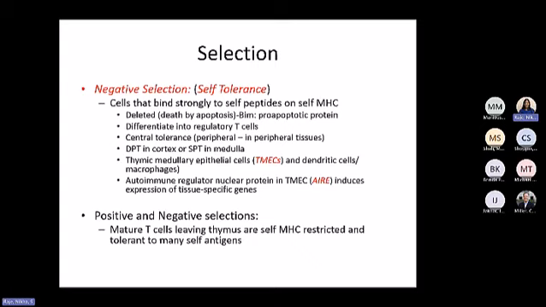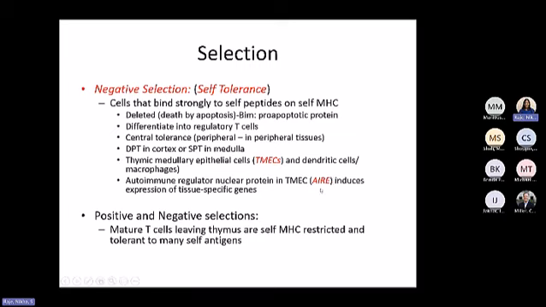Then the second process occurs in the medulla, where it undergoes negative selection, which means that it has to bind to the cells with self-antigens with light avidity, but if it binds too tightly, then those developing T cells are going to undergo apoptosis. Thymic medullary epithelial cells, dendritic cells and macrophages express a protein called AIRE, the autoimmune regulator, which helps in presenting self-antigens, tissue-specific antigens, to these developing T cells.